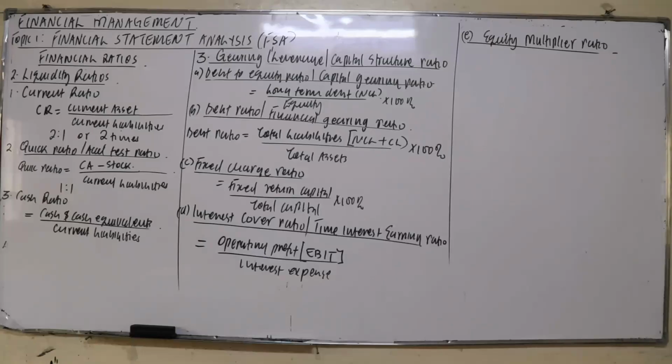So the other ratio is the equity multiplier ratio.